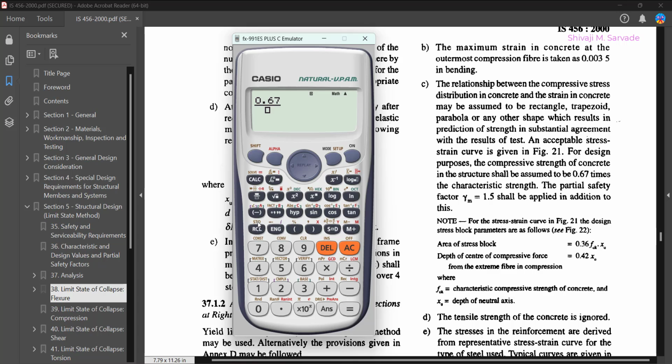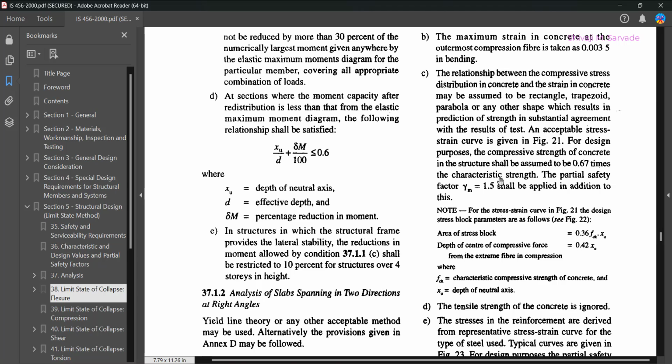This has to be divided by 1.5 because this is the partial safety factor for concrete. So if I press equal to, we get 0.446 as our outermost stress in concrete.